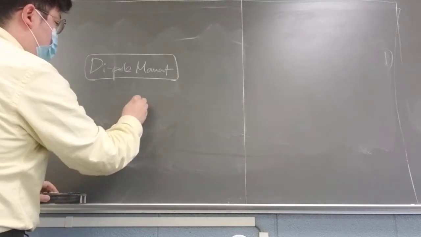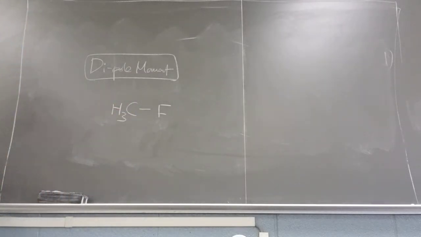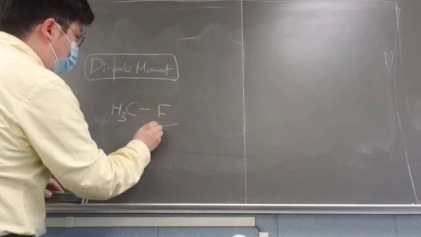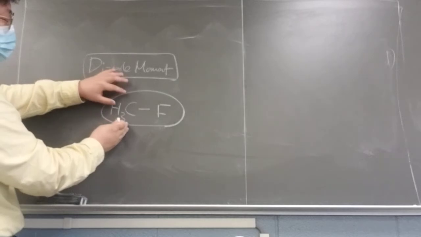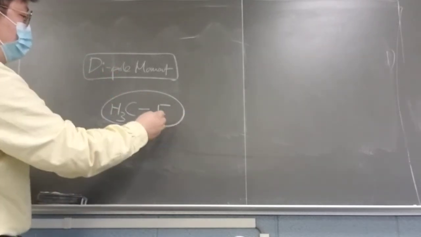I'll give you just one example. If you have something that looks like this one, you can consider this like a whole structure. There'll be a little more, but I'll just make it a simpler form.